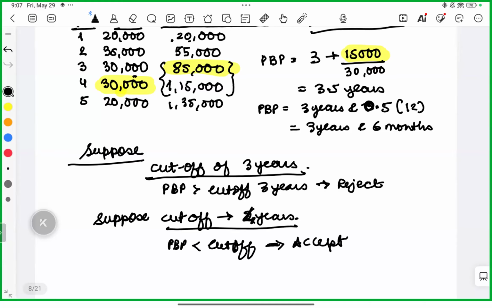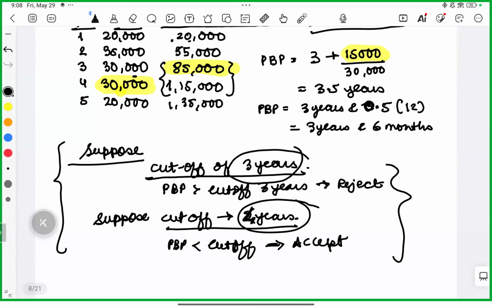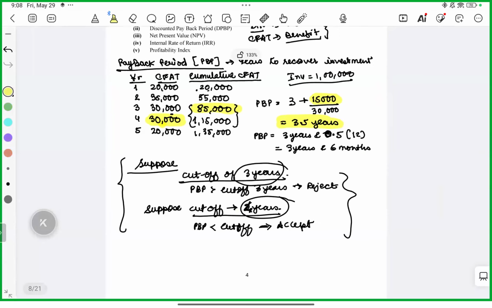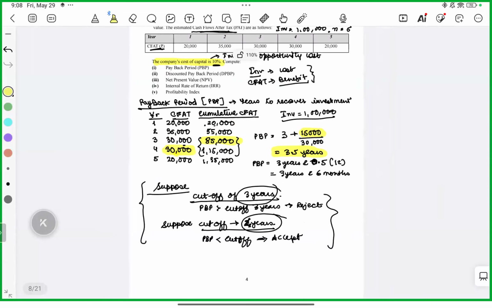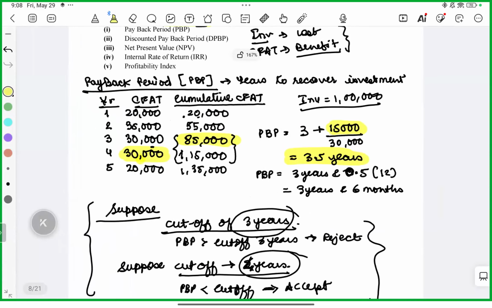Okay. So it is subjective and it depends on what management wants. If management wants the cutoff to be 3 years, this project will be rejected. If management wants the cutoff to be 4 years, the project will be accepted. But you have to write accept or reject for payback period only when the cutoff years of management are given in the question. Otherwise, you just have to find out payback period is equal to 3.5 years and that is enough. You don't need to write anything extra. Okay. So this is one traditional technique, payback period.